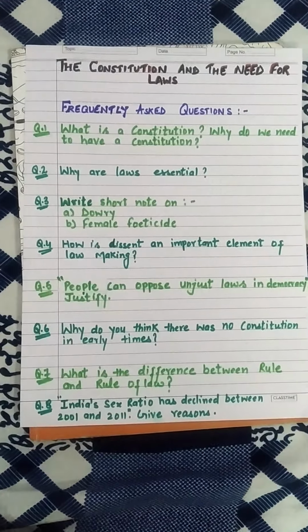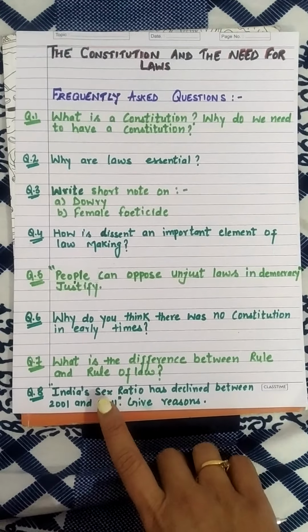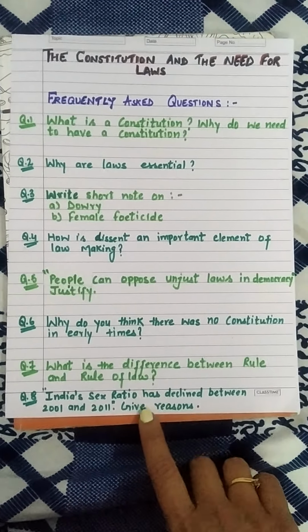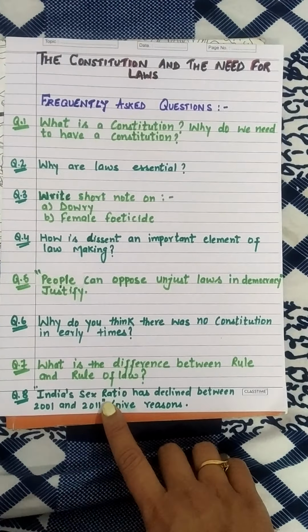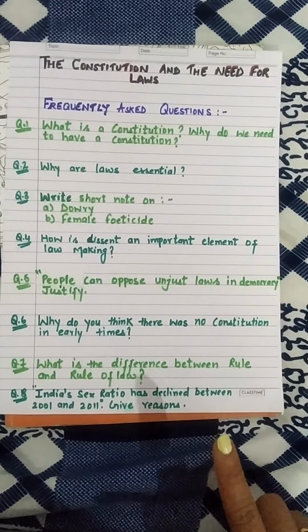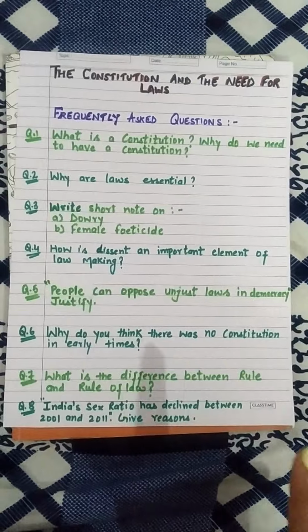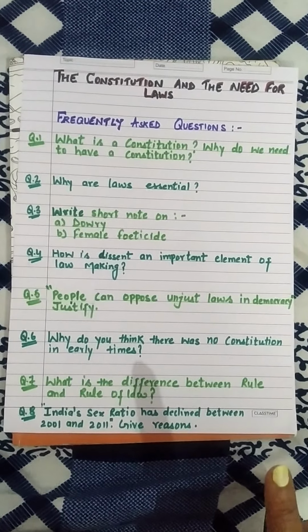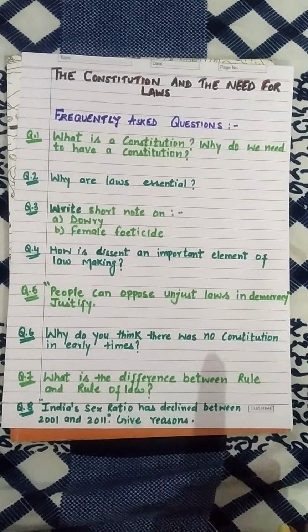Now the last question is, India's sex ratio has declined between 2001 and 2011. You have to give reasons. So, what were the reasons? India's sex ratio has declined. Yes, it has declined between 2001 and 11. What were the reasons? So, what you have to write? The reasons for the decline were, number one, the preference of the society for the male child instead of a girl child.